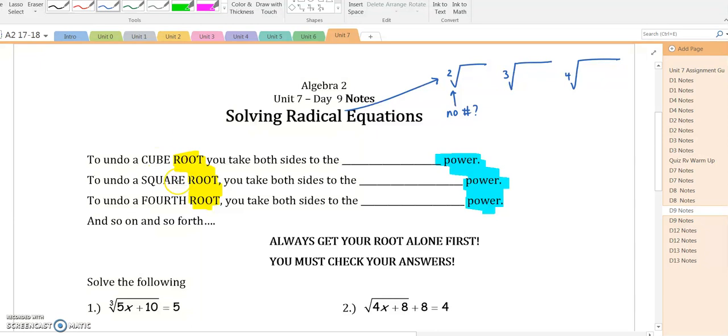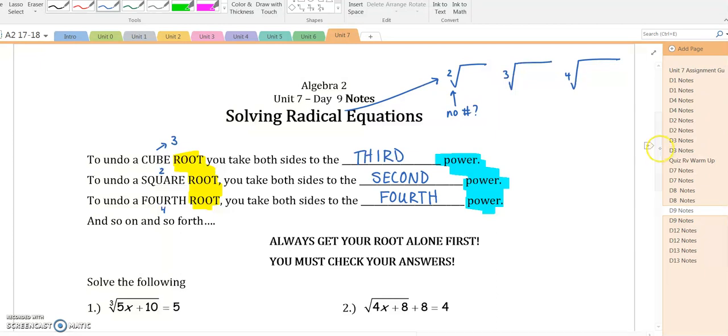So if I have a cube root, cube means 3, so I would take both sides to the third power. If I have a square root, that's 2, so I would take both sides to the second power. And to undo a fourth root, 4, I'm going to take both sides to the fourth power. So basically the way we're going to undo radicals or roots is to raise them to exponents.